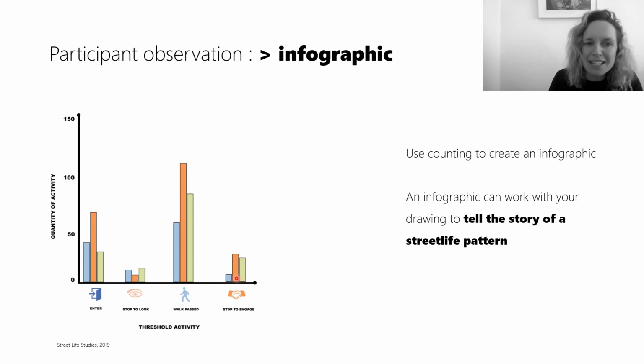So I immediately see, okay, what is it about this threshold that means that very few people are looking, but a lot of people are simply walking past? And part of that might be that it's a retail store and people simply don't need to shop. But if we think about thresholds, and even economic thresholds, so places where you shop, as having a knock-on effect.